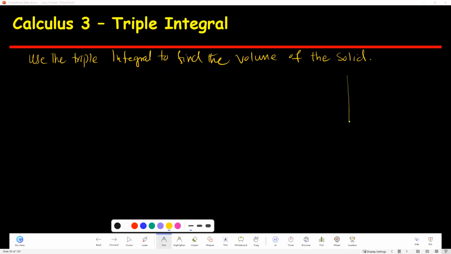The shape is given looking like this, and then this shape is going up like this.